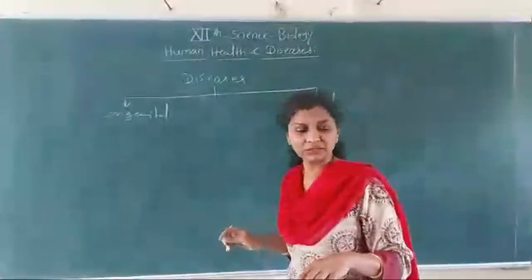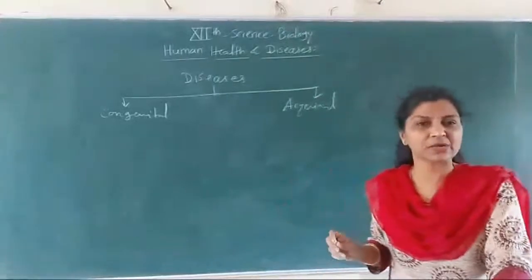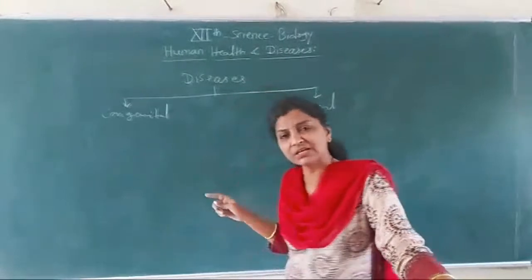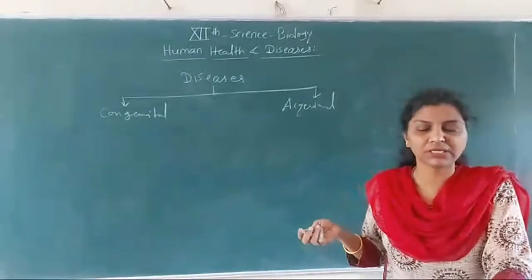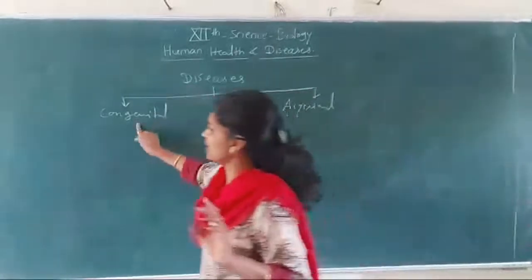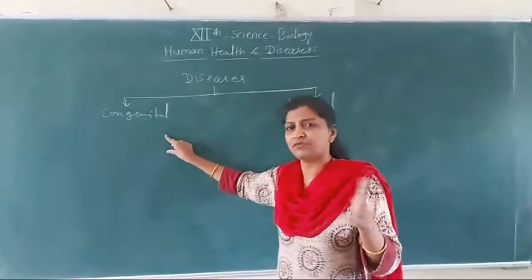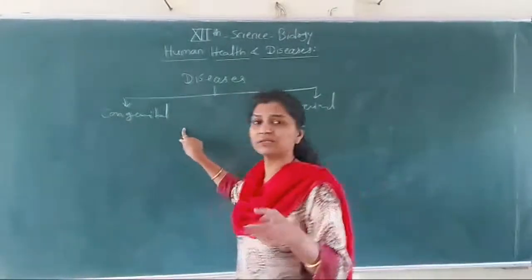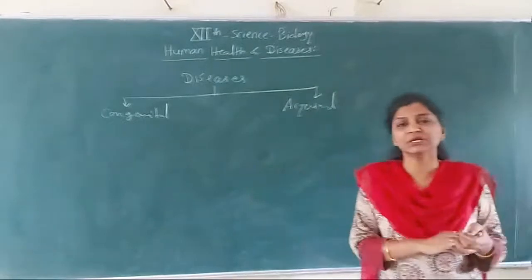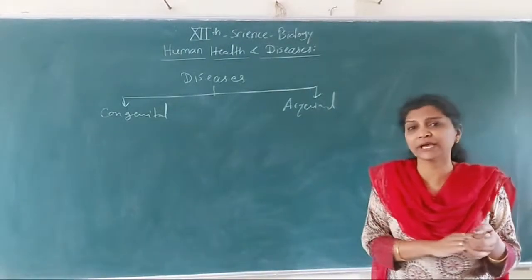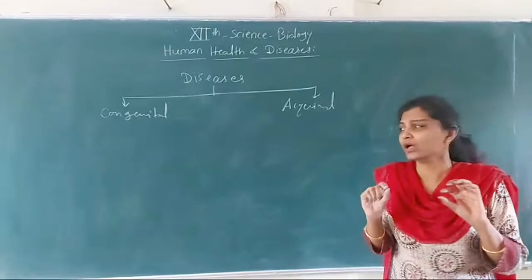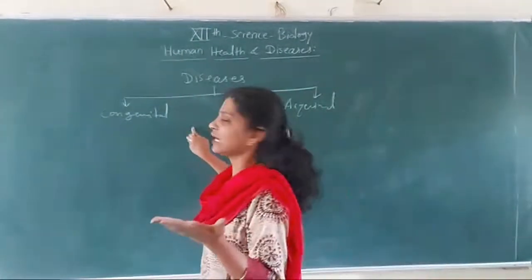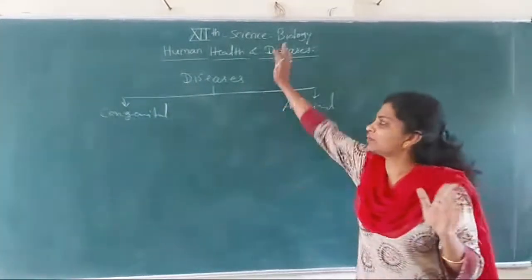So what is congenital? These are the diseases which are present from birth and their cause may be a genetic problem or genetic abnormality. The diseases that are present from birth, inborn, we call congenital diseases. And what is the cause? Mostly gene abnormality, genetic abnormality, something going wrong in the genes, mutation, abnormality, causes these diseases. So the diseases that are inborn, what do we call them?